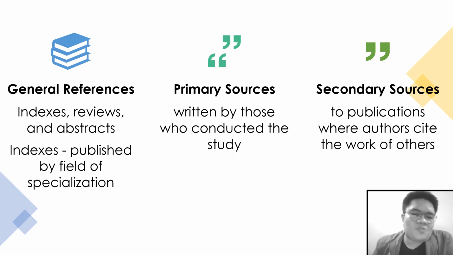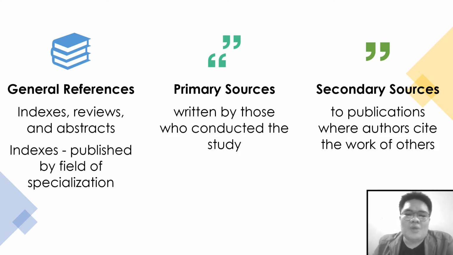Whenever both of the sources, primary and secondary, are available at your disposal, it would be wise for us to opt for the use of primary sources, because the primary sources will be able to give us first-hand information about the research. The secondary sources may be reliable, however, due to transmission and transfer of information, it is more prone to errors compared to that of the primary sources.